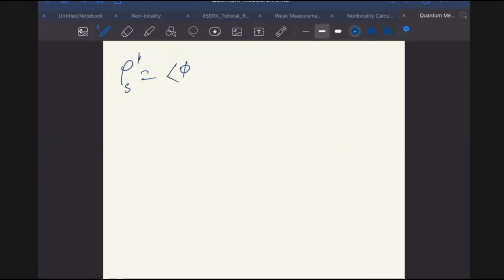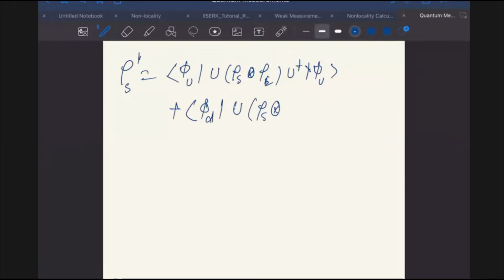Some φ_u. So U (ρ_s ⊗ ρ_e) U† φ_u plus φ_d U (ρ_s ⊗ ρ_e) U† φ_d. This will be my state.